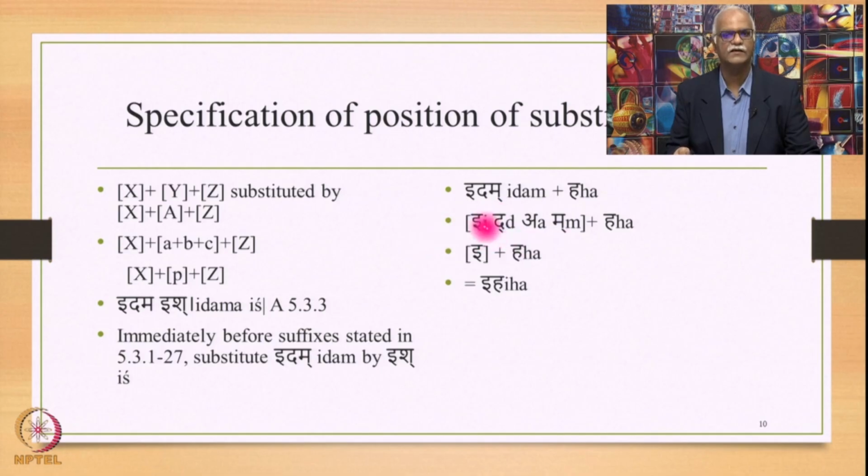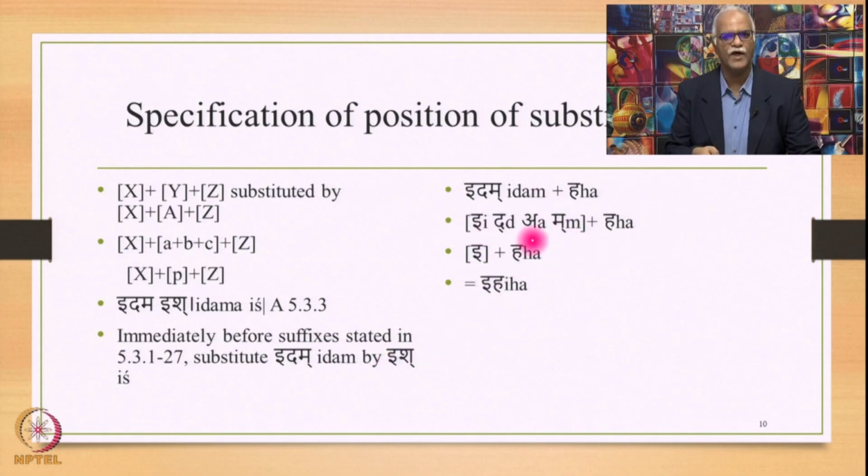And so we get the output i plus ha, and then the word returned is iha, means here. So we noted that in this case the marker sh attached to i triggers this operation and specifies the position of the substitute. What is that position? In place of the entire substituent.